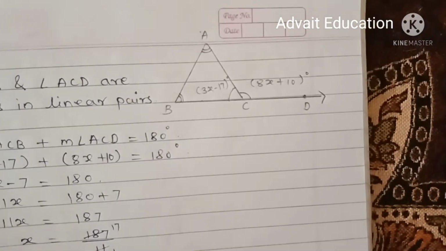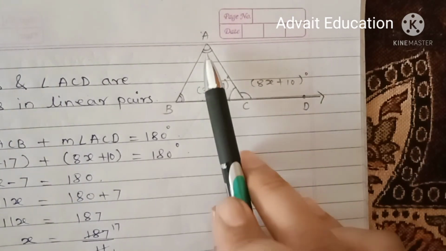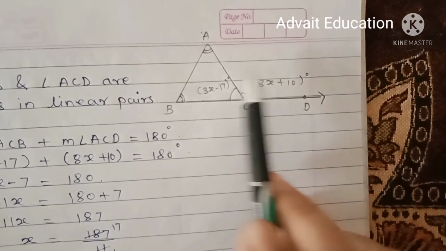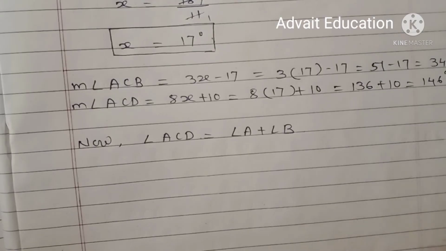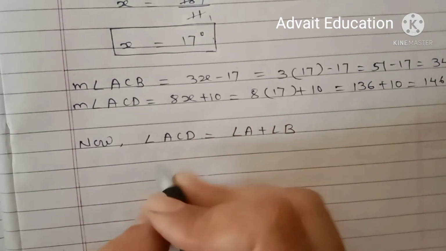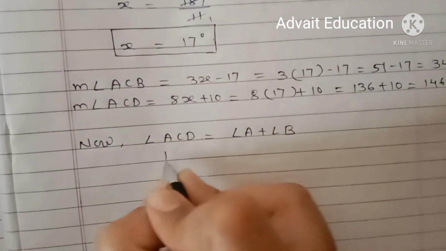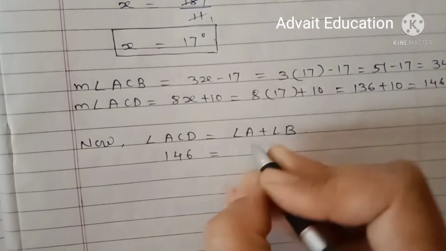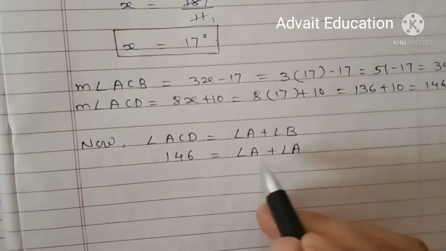All of you know the angle ACD, means exterior angle, is equal to addition of remote interior angles. Means angle ACD is equal to angle A plus angle B. Angle ACD is 146 degree. 146 is equal to angle A plus angle A. Why am I writing angle A plus angle A?